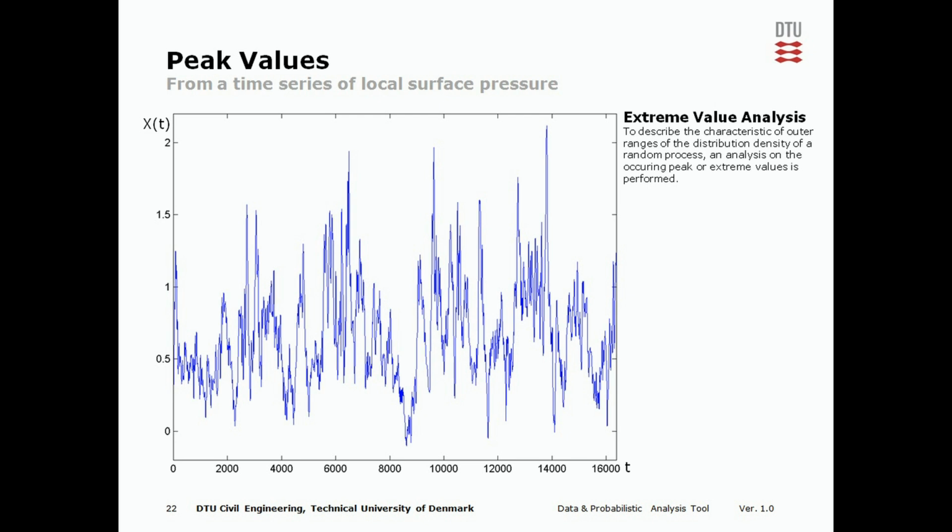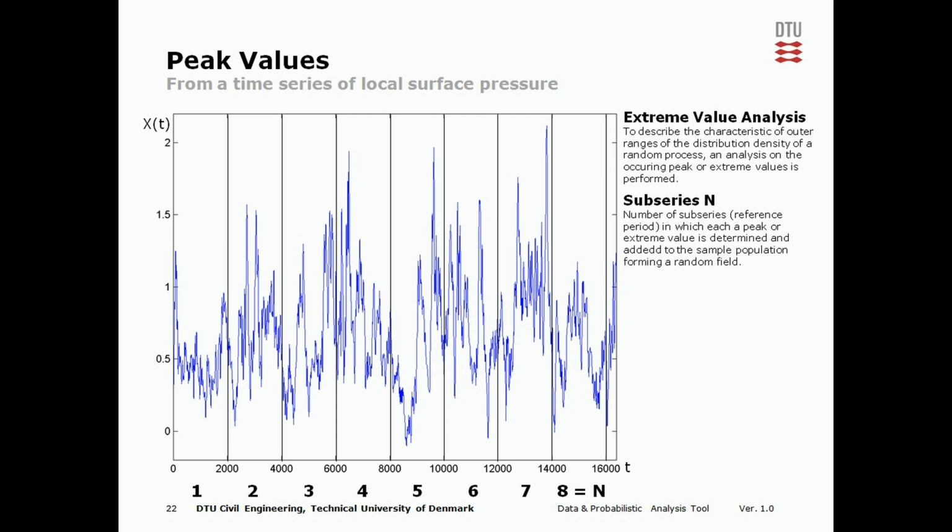One of our main tasks in wind engineering is the estimation of the characteristic loading value which we use for our structural design. If we have the information in our data set, in the recording of a load time history for example, we need to collect a suitable set of extreme values which we can use in an analysis to come up with a value for the characteristic loading.